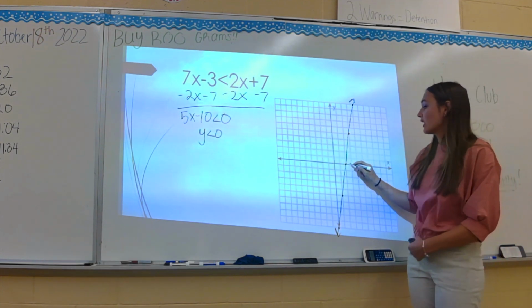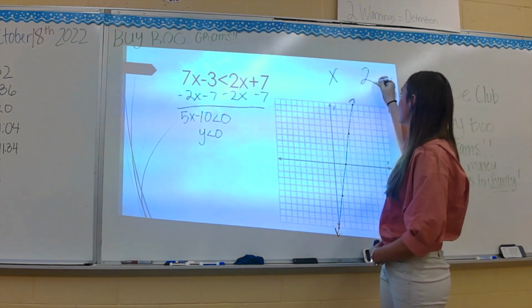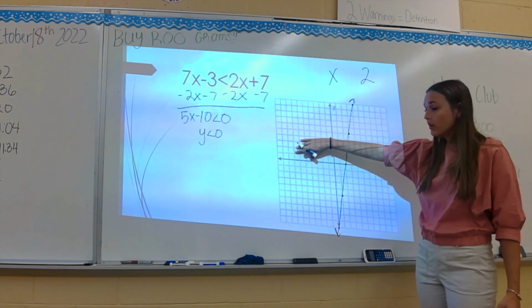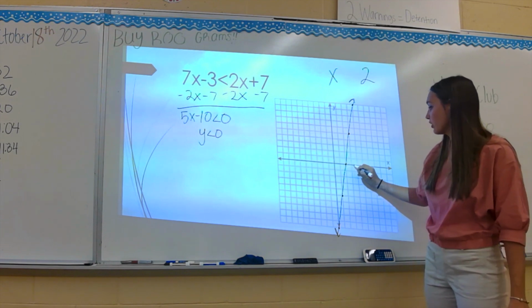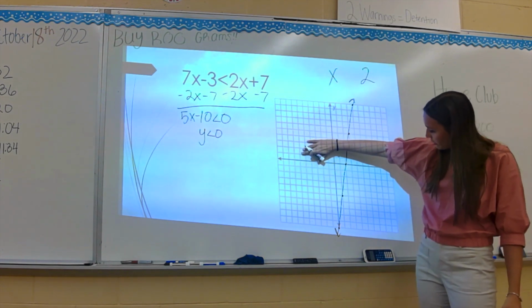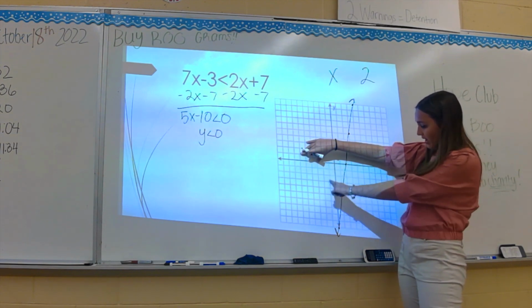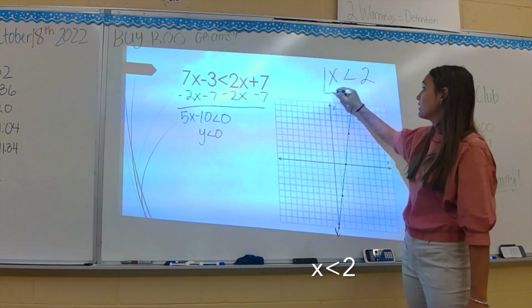We see that it's intersecting the x-axis at 2, so I'm going to have an x and a 2. We're looking below. Are our x values getting bigger or less than 2? If I look, my x values are not getting bigger on the bottom, they're getting smaller. They're going in this direction. We have a 1, we have a 0. Those are less than 2, so our answer is x is less than 2.